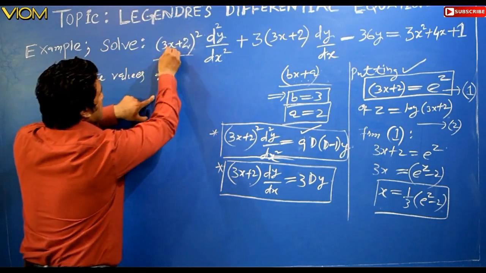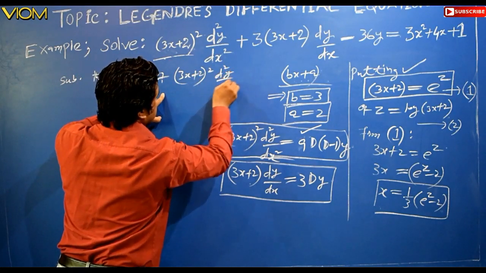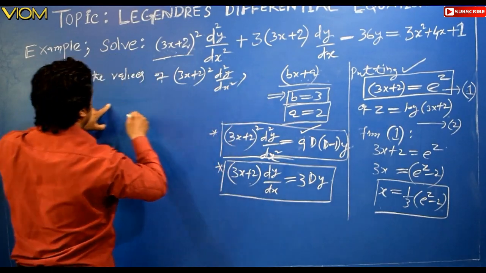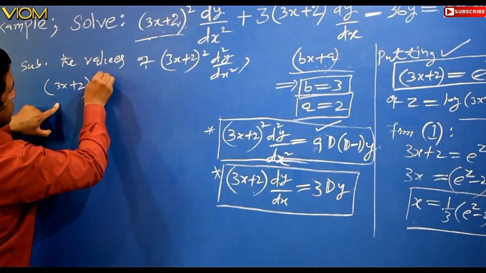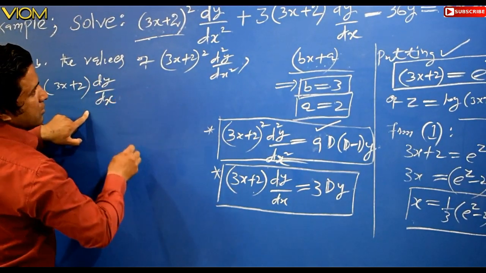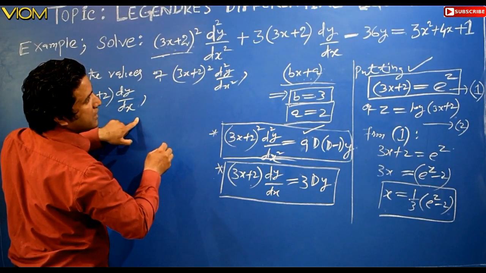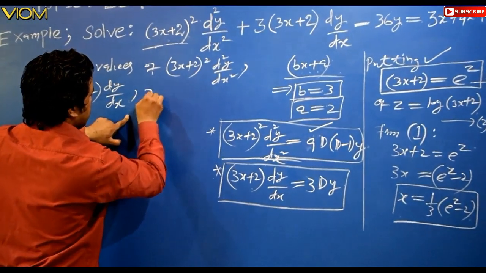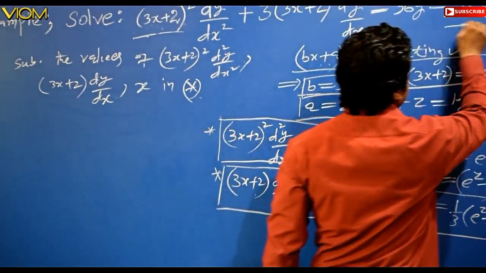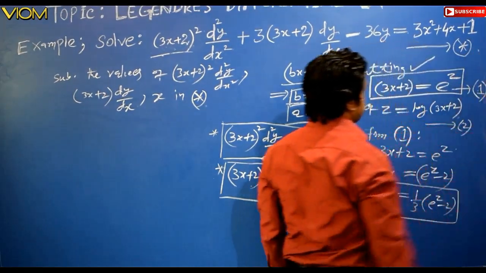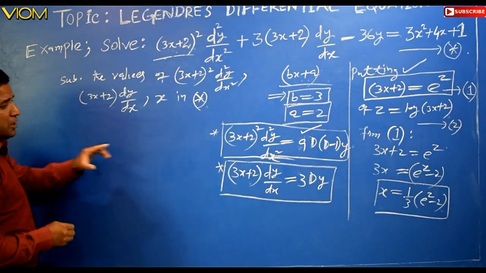First of all, this is d2y by d of x square, comma, this is 3x plus 2 into dy by d of x, and comma, I will write the value of x in the star equation. Let this equation be the star equation. I substitute all such values in this star. Let us see how it is transformed.